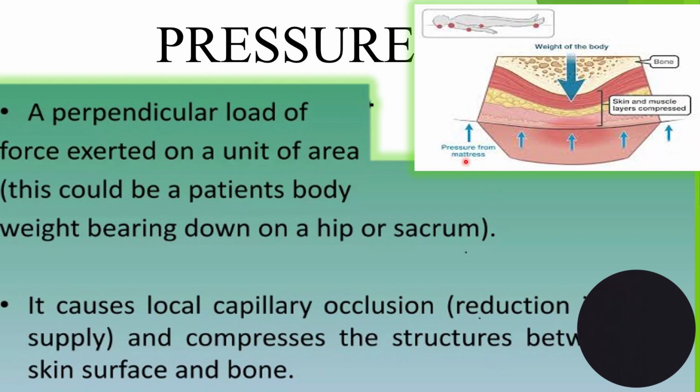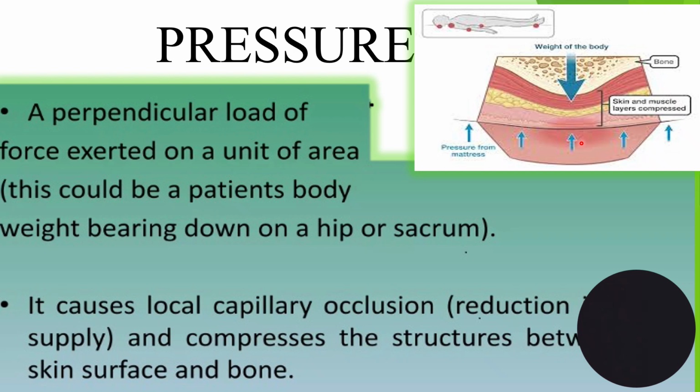Okay, so from the mattress there will be a pressure, and from the weight of the body there will be a pressure. Here the part touching the mattress is the skin. So here the pressure, here also the pressure, what will be happening?